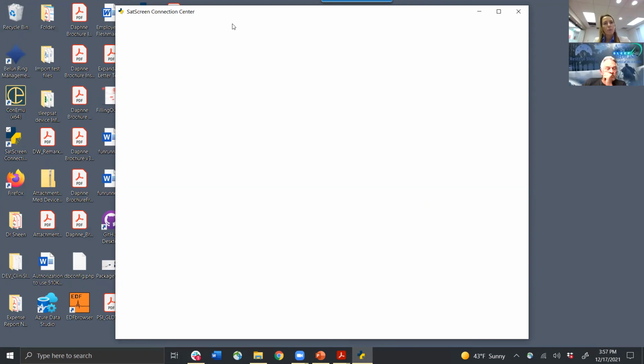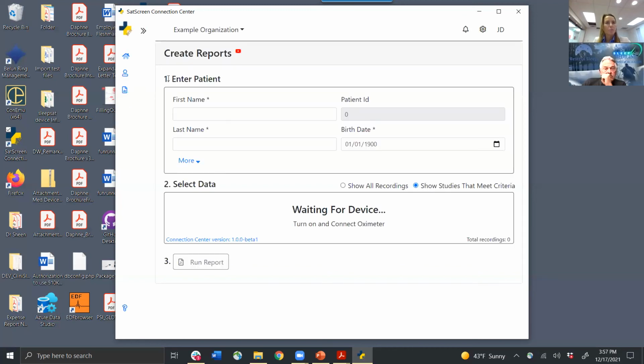What you'll see in this beta app, which will actually be released next week, is that patients and reports are available right here through your connection center screen. So there's no more having to know about our web portal to view that.